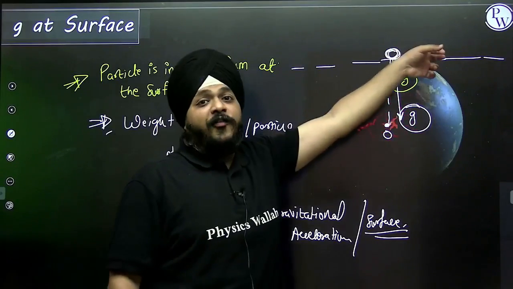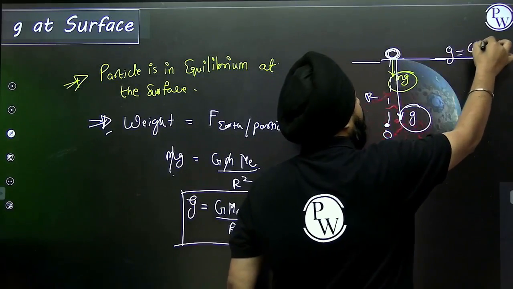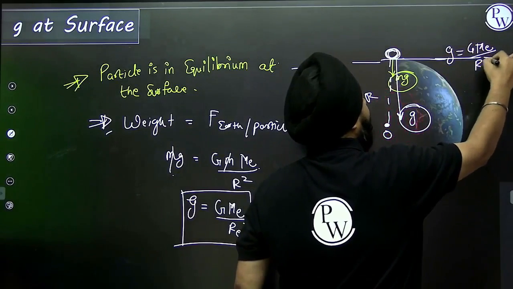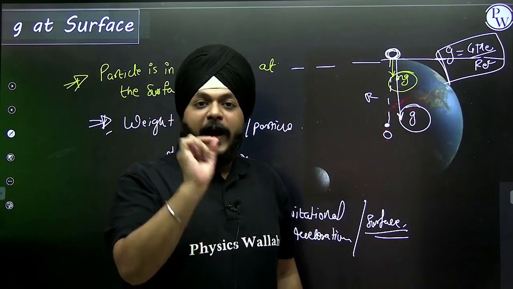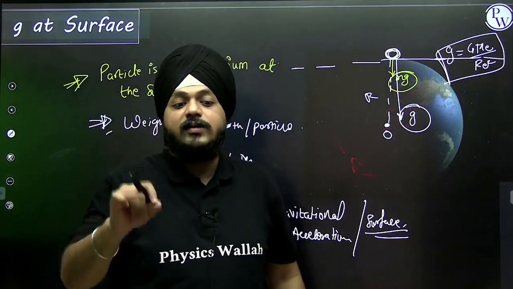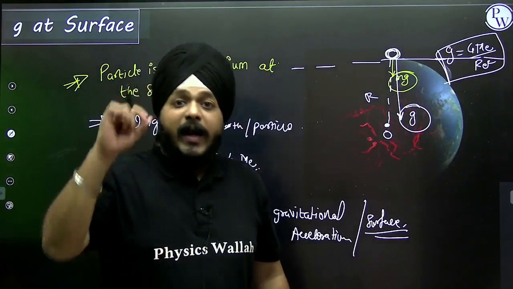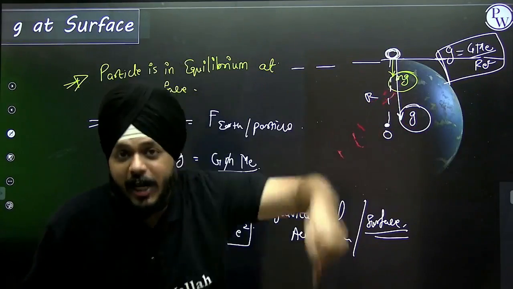So at the surface, the value of g is G M_E divided by R_E square. In the third chapter, in spite of having free fall, we were not considering any variations in g. But actually this value of g gets changed.